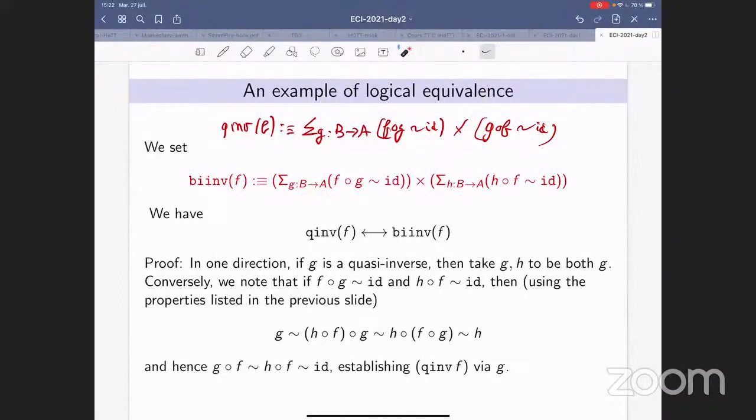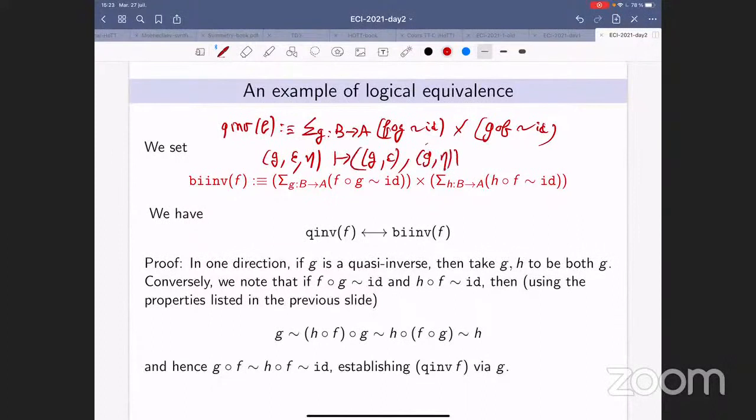It maps a pair G followed by epsilon followed by eta, where epsilon is an element of this type and eta is an element of this type. It brings this element to a product type: you take G paired with epsilon, and you take G paired with eta.